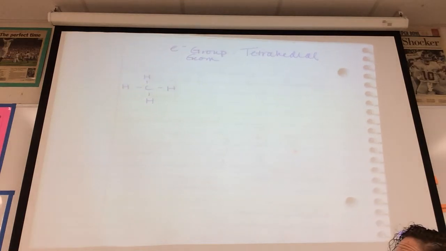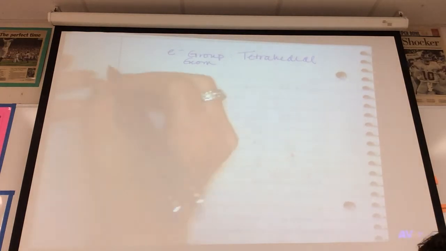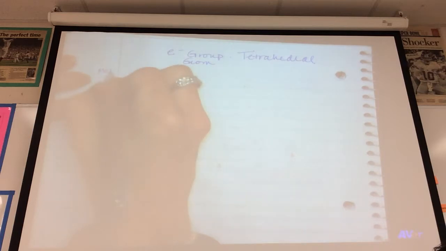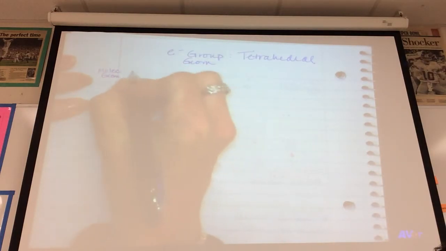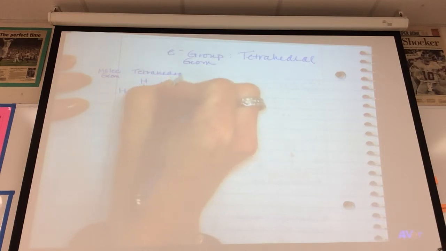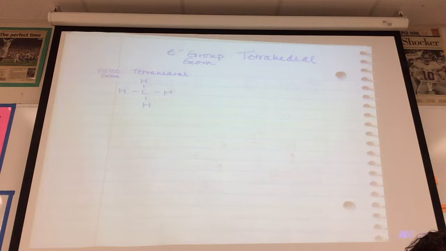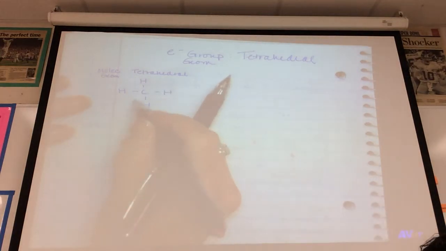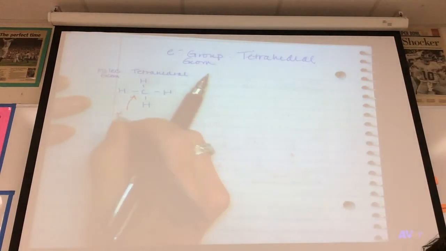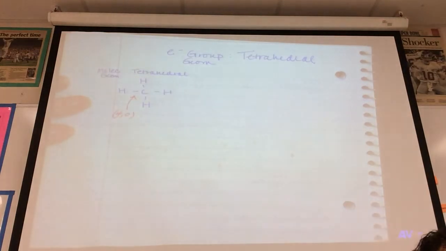Just be careful. This molecular geometry is the same as the electron group geometry because there are no lone pairs on the central atom. So what we have here is 4 atoms attached, no lone pairs.